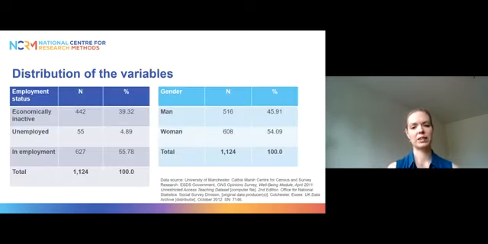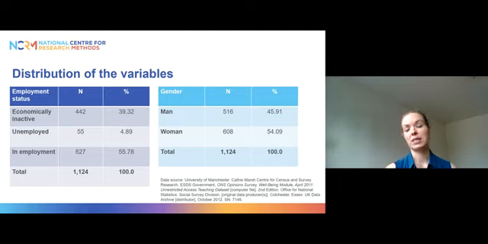Here's our data. These are real data coming from ONS Opinion Survey Wellbeing Module collected in April 2011, and the data source is shown here on the slide. And using these data, our outcome variable is distributed so that the most common category is in employment.